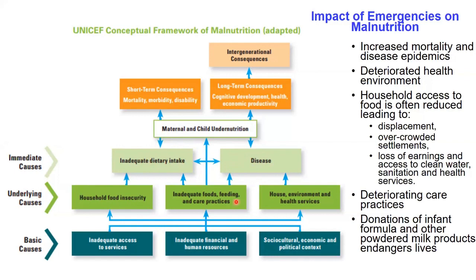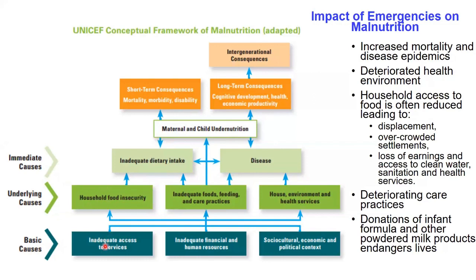Then the underlying causes we are referring to at the household level. So household food insecurity, inadequate foods, or care practices at the household level, or the environment in terms of sanitation and hygiene, or health services in terms of access. So all these predispose children, not only children, but even the adolescents and the young mothers, to poor or suboptimal nutrition. Then at population level, those are what we call the basic causes.